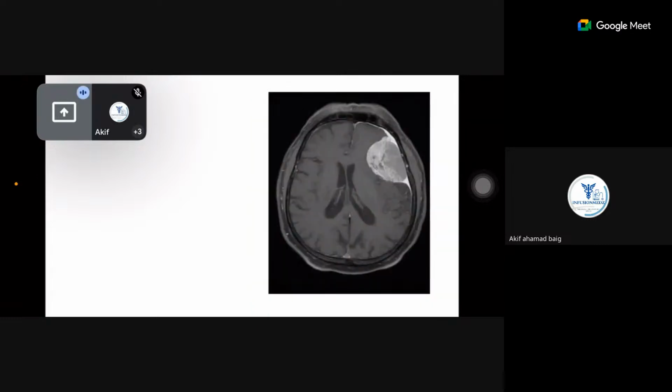So what is this? Anyone can answer? Meningioma. Yeah, it's a meningioma, but what sign is this? Dural tail sign.